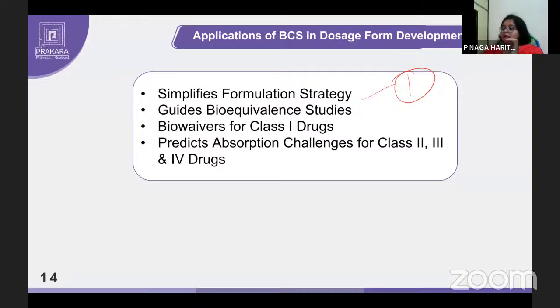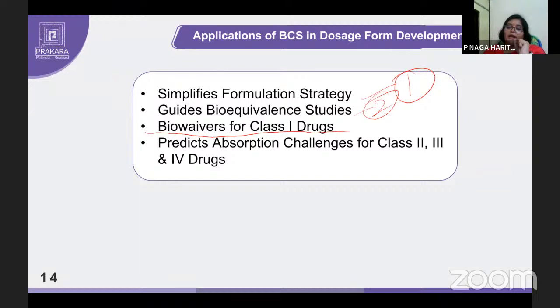And then it guides the bioequivalence study. For highly soluble and permeable drugs, in vivo bioequivalence studies may be waived off. These biowaivers definitely save time as well as resources. So this is what we call biowaivers for class 1 drugs.